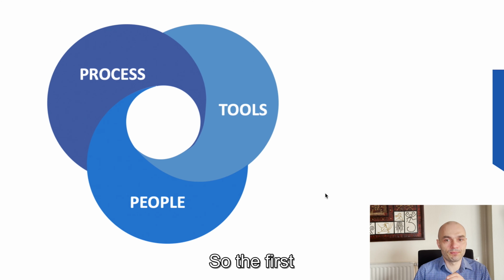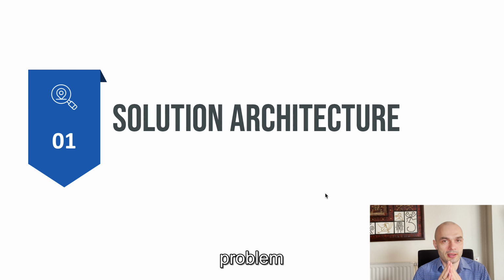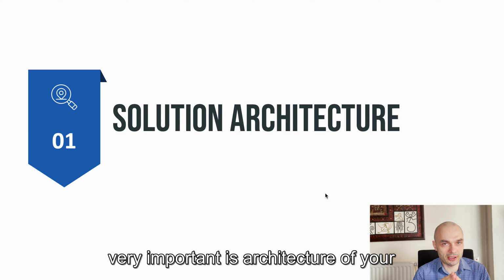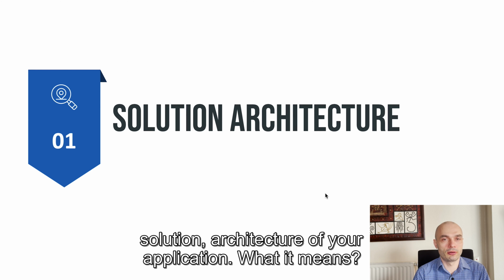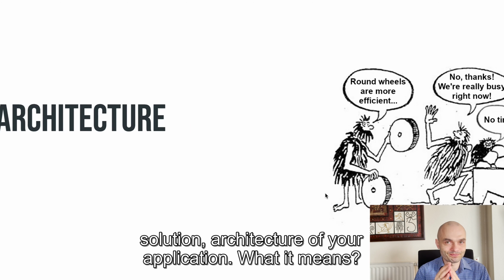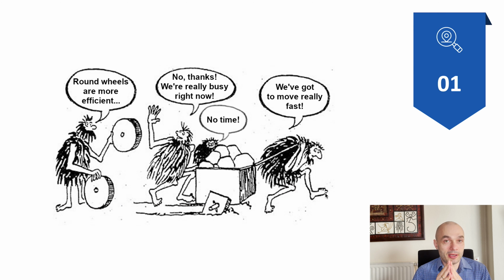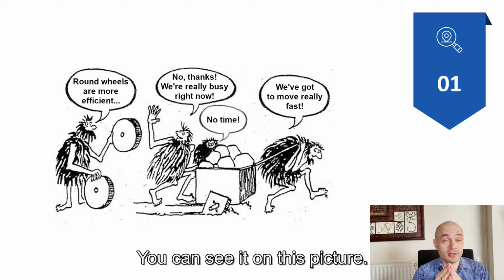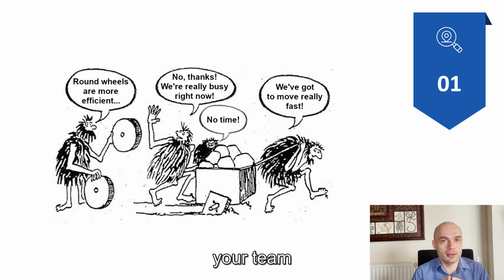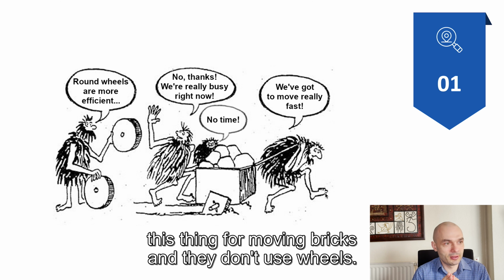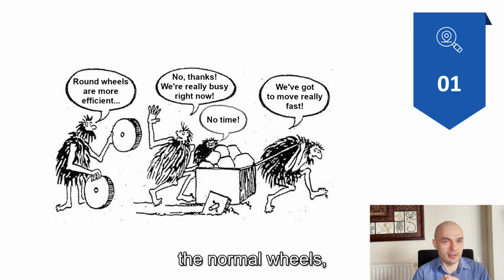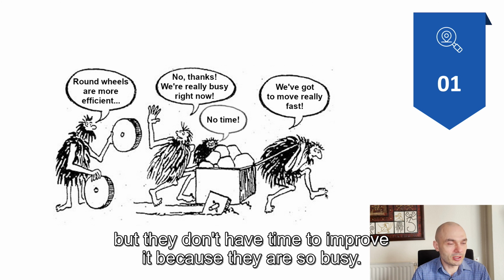So the first problem, very important, is architecture of your solution, architecture of your application. What it means? You can see on this picture, your team didn't design well this thing for moving bricks, and they don't use wheels, the normal wheels, but they don't have time to improve it because they are so busy.